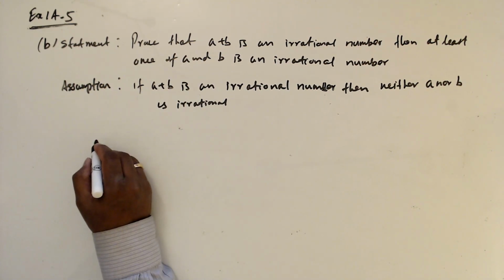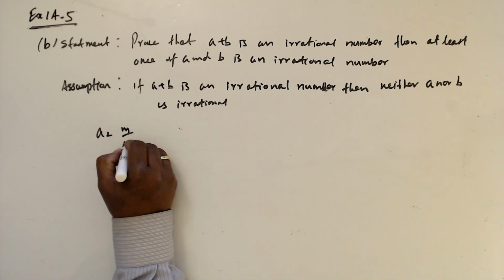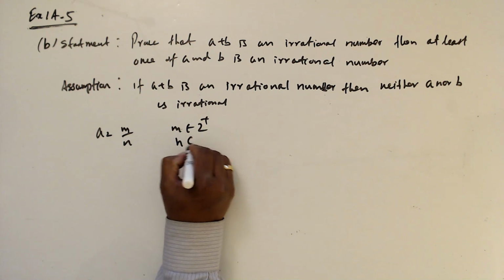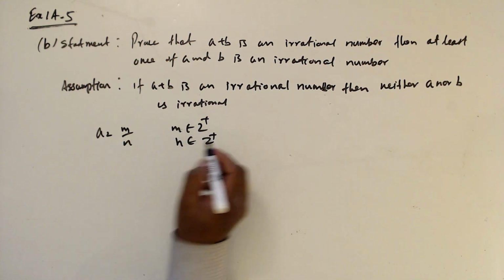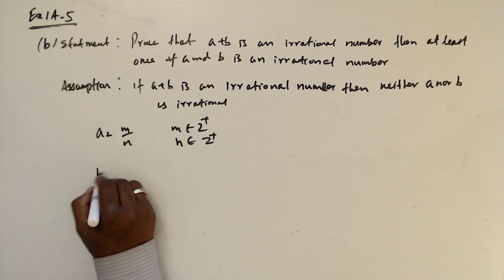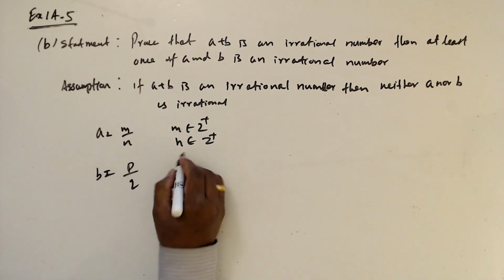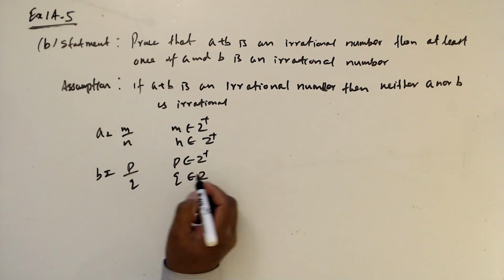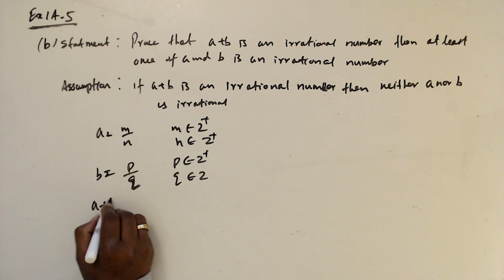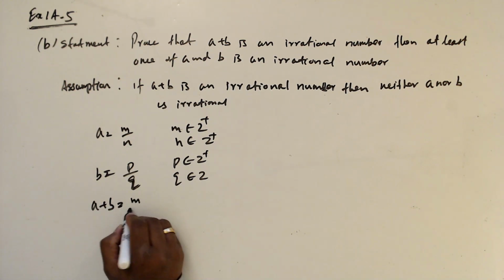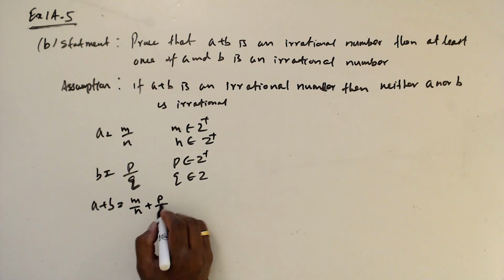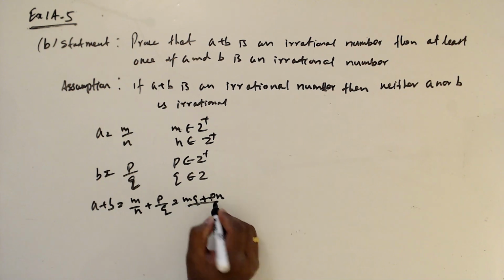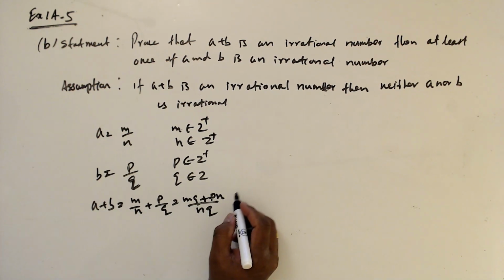As usual, we'll take A equal to m over n, with m and n elements of Z, and B equal to p over q, with p and q elements of Z. Then we'll add those two together. A plus B equals m over n plus p over q, which is mq plus pn over nq.